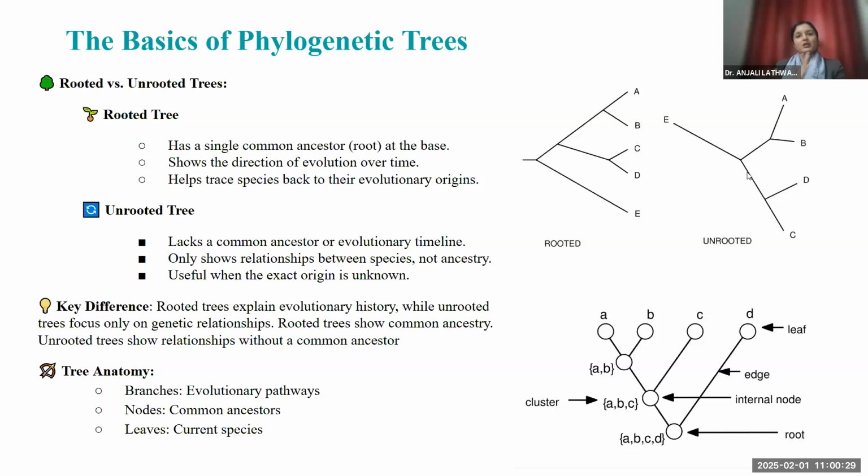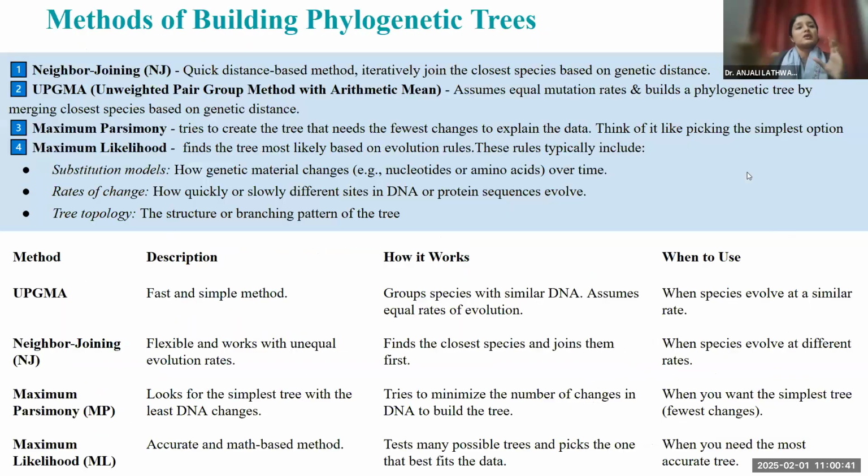One simple example: or let's say I would like to keep my t-shirts here and my trousers there. So there are different ways you can arrange and build something. Similarly, here there are different methods that we'll be discussing today for building a phylogenetic tree. One is neighbor joining, NJ. It is a quick distance-based method, where iteratively you join the closest species based on genetic distance.